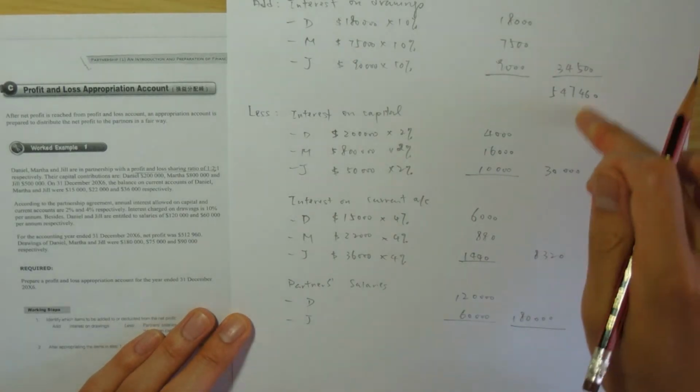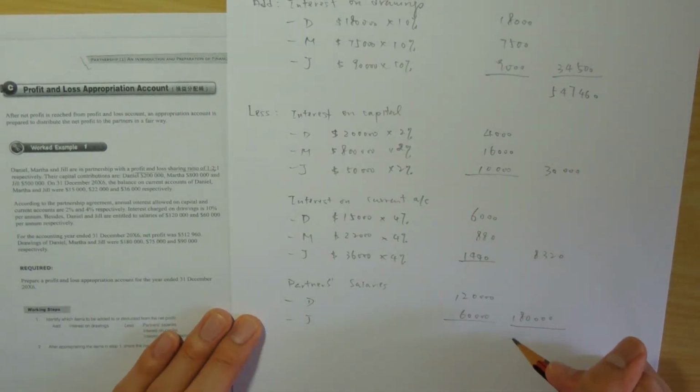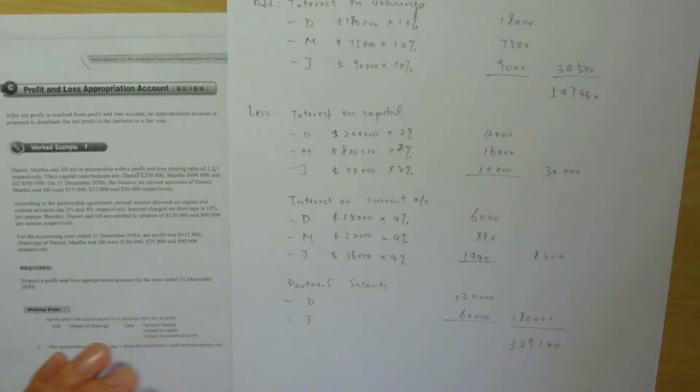Okay, so we deduct these three items together, and then we got 329,140. That means 547,460 minus 30,000, and then minus 8,320, and then minus 180,000.